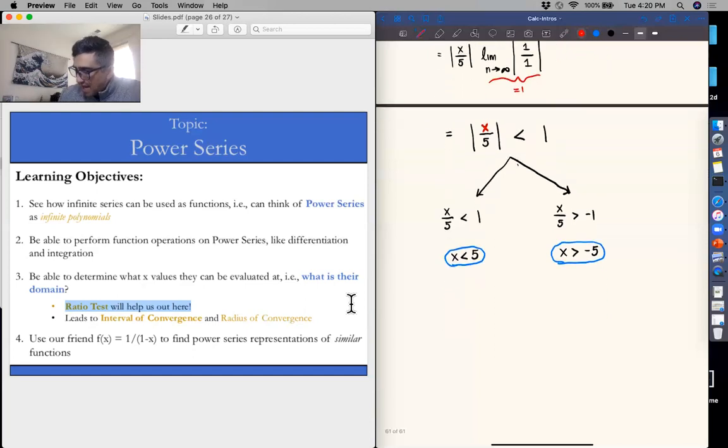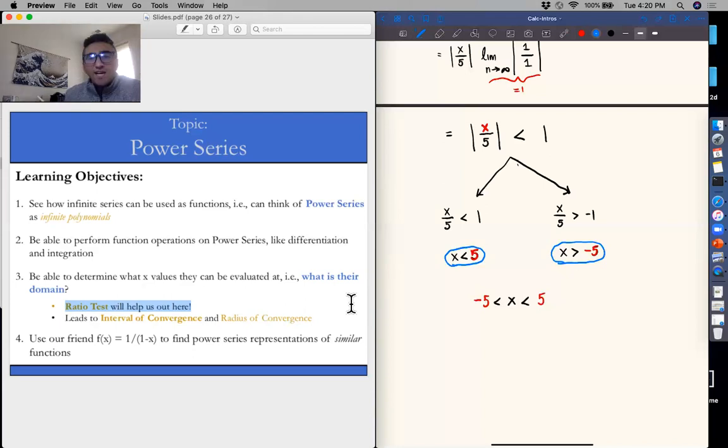So if we take this minus 5, we know that when x is greater than minus 5, it looks like our power series is okay, but then we're also restricted by when x is less than 5 itself. So far, our domain is looking like x values are allowed between minus 5 and 5. But there's one thing we haven't done yet. We don't know what happens at x equals minus 5 or at x equals 5 for that matter.